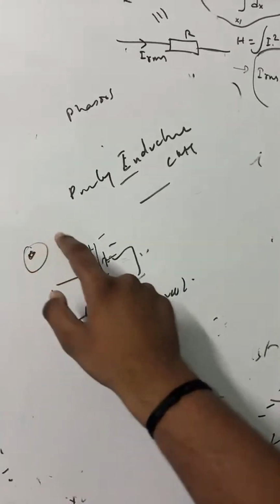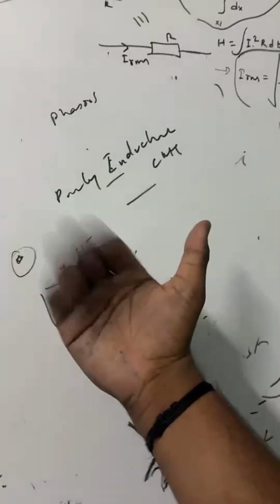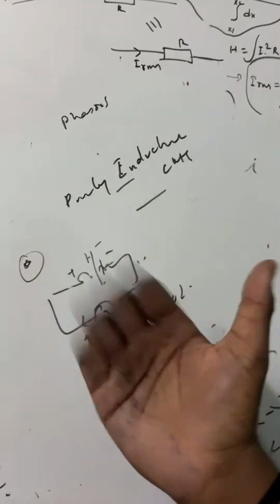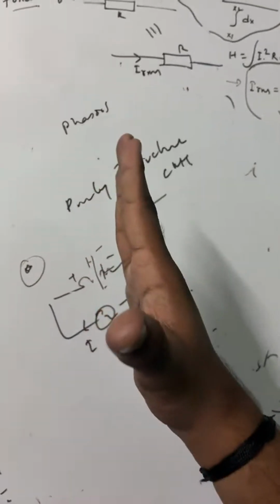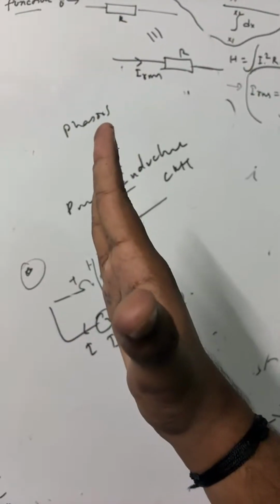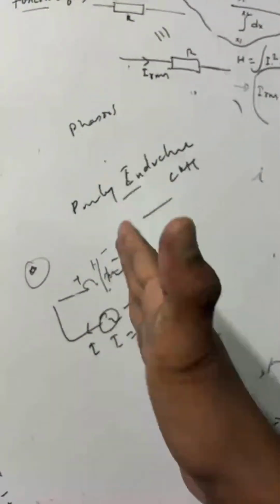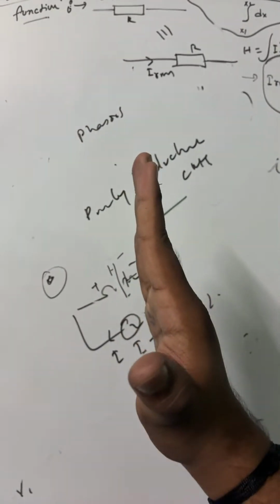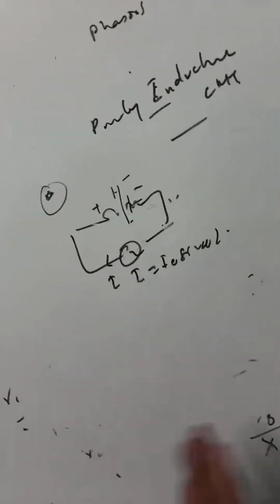The current is going out, and if it's going out, give the angle, palm of thumb this side, or you can do it like this also. Okay, this is the thing.